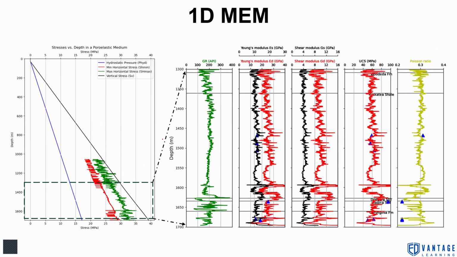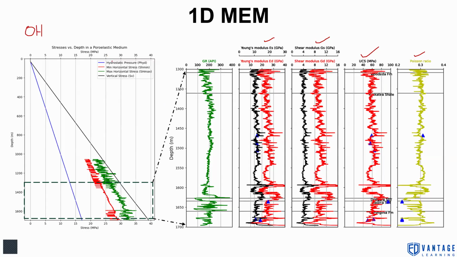So 1D MEM is that important mechanical earth model, which we generally generate for any formation depending on the open hole log. So the input for 1D MEM is open hole log. The objective is to evaluate the subsurface properties like Young's modulus, shear modulus, UCS, and of course Poisson's ratio. We have several correlations to generate all these properties from open hole logs like gamma ray, density, neutron, and sonic.